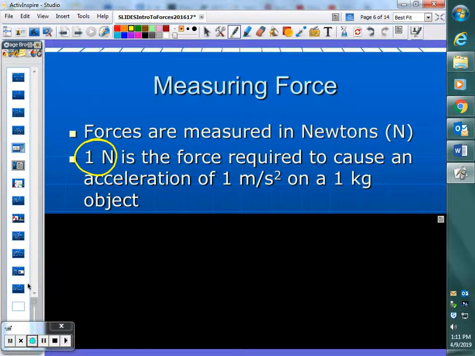So 1 Newton is the force that's required to cause an acceleration of 1 meter per second squared on a 1 kilogram object.